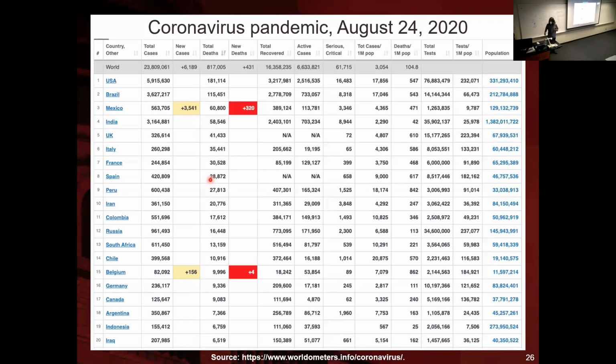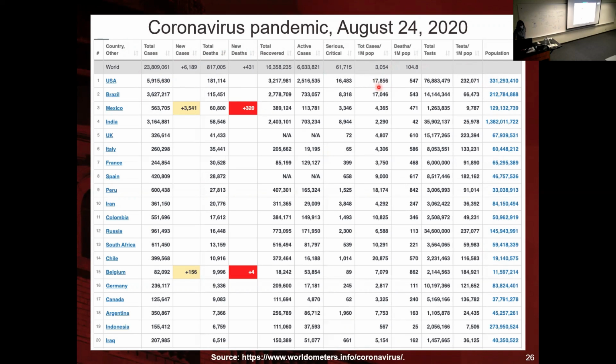My variables are name of the country, total number of cases of coronavirus up to that date, new cases, total number of deaths, total recovered. And if I get the population, I can get the total number of cases divided by population multiplied by 1 million.